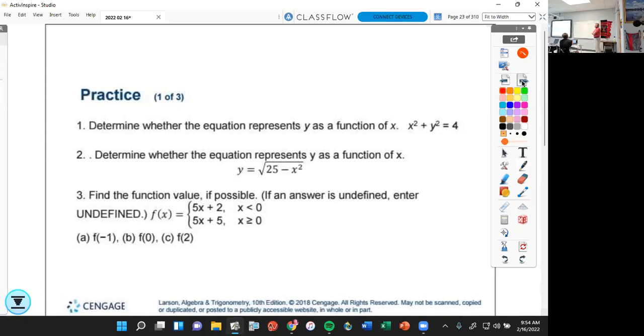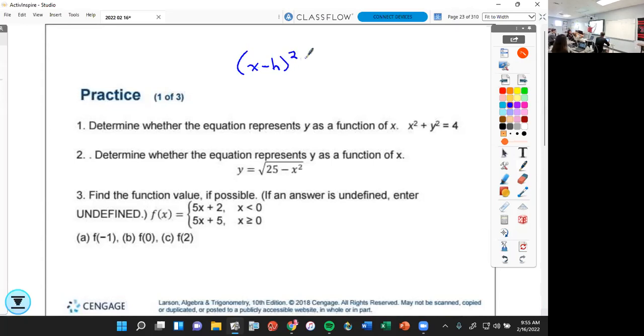I think it's a function. If I was to graph that, what's it look like? No, it's linear. It's just a line, like a horizontal line.